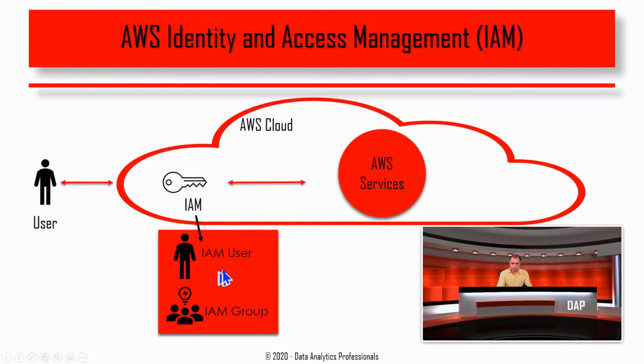IAM could be an IAM user or an IAM group, and we'll also see how these IAM groups have policies attached which could grant or deny permissions to the users in the group for these services or resources.